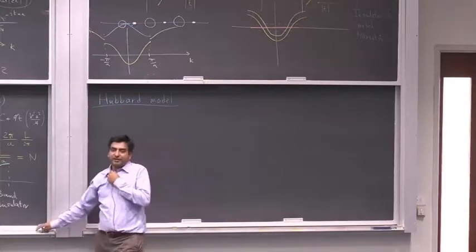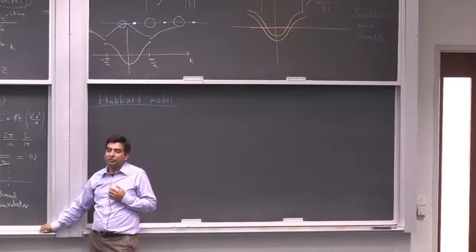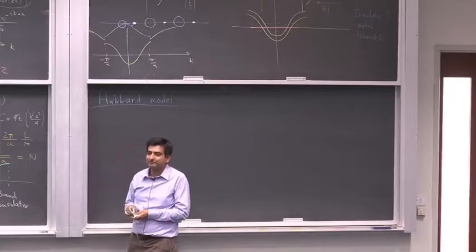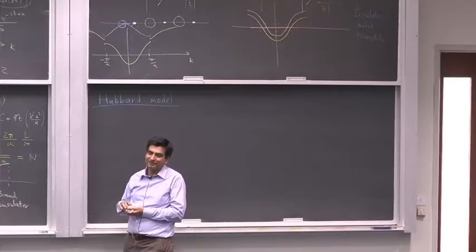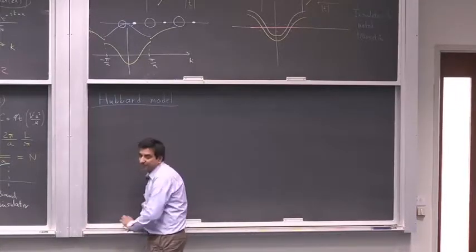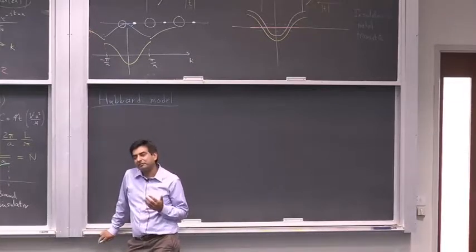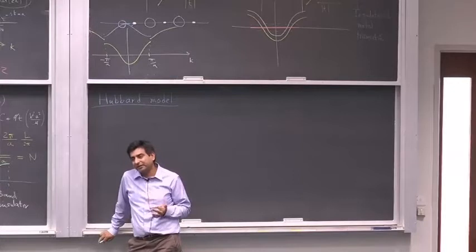So far in our discussions, we have ignored the interaction between electrons. The electrons will be attracted to nuclei, but what about the interactions between the electrons themselves?